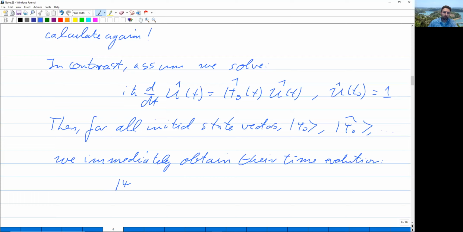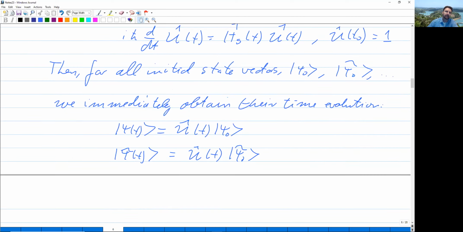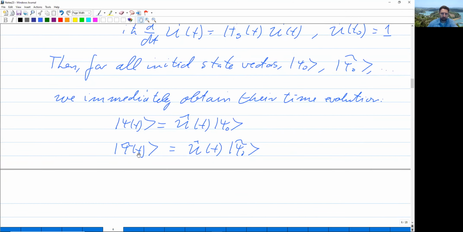Namely, we obtain that psi of t is equal to u hat of t psi naught. And similarly, if we choose psi naught tilde as the initial condition, then we obtain that psi of t tilde is equal to u hat of t psi naught tilde. Whatever initial state we choose, we simply apply the time evolution operator on it, and we obtain the evolved Schrodinger state. Now, how do we know that?